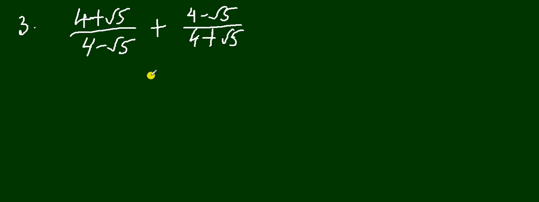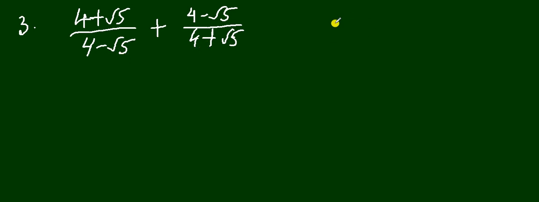or the easier method in this case is, if you can see, the denominator here is 4 minus root 5 and here it is 4 plus root 5, and if you can observe, they are both the rationalizing factor of each other.